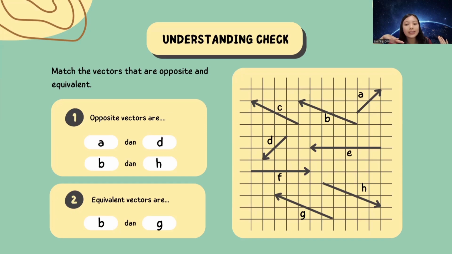Okay, well, everyone, let's discuss the answer together. Opposite vectors are vectors that have the same magnitude but opposite direction. Equivalent vectors are vectors that have the same magnitude and the same direction. Very nice participation, everyone.